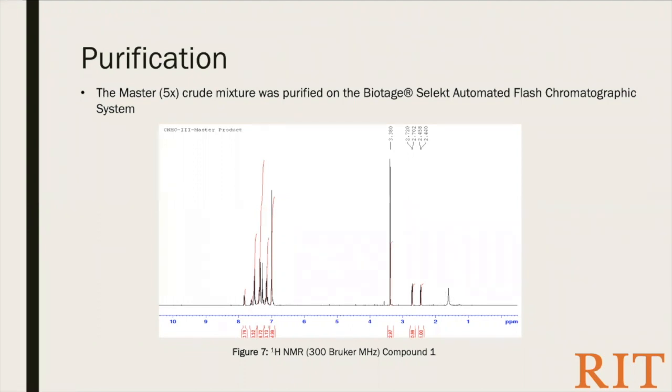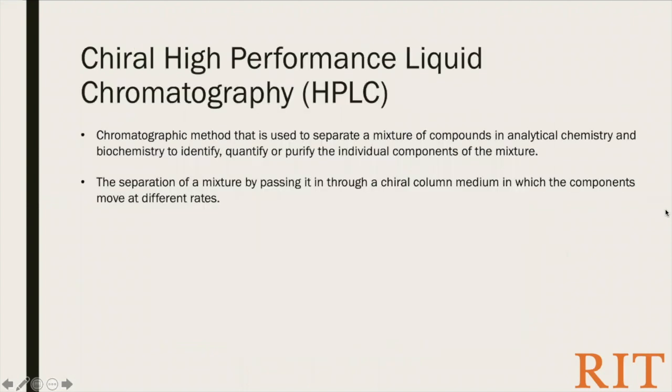Now that we had found out that we had a pure product, we needed to run a chiral HPLC. HPLC, or high performance liquid chromatography, is a method which is used again to separate compounds, mostly in analytical chemistry, and it is also used to quantify the individual components of the mixture.